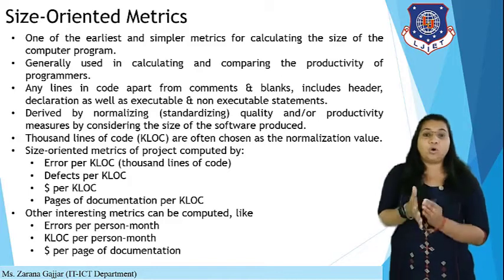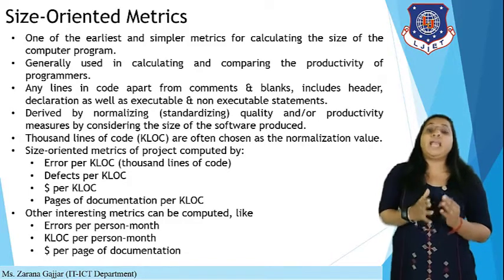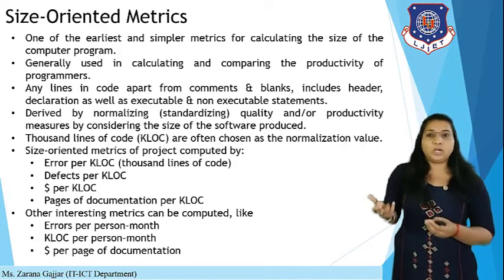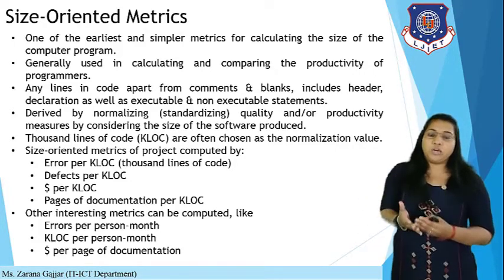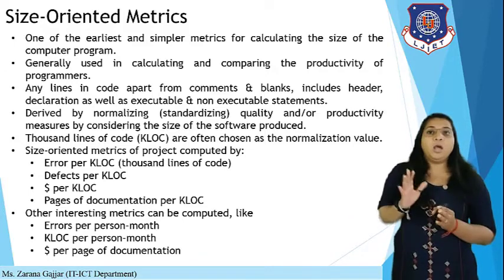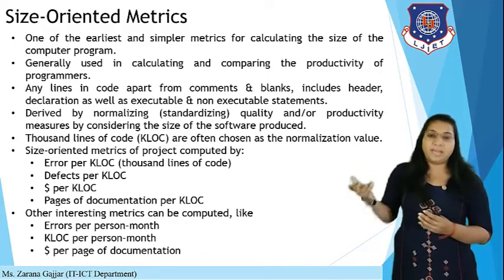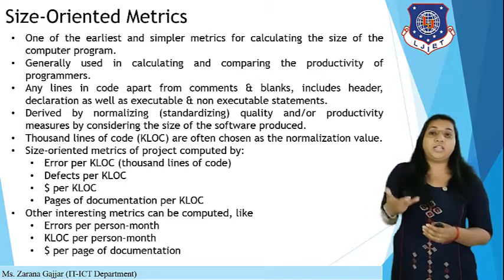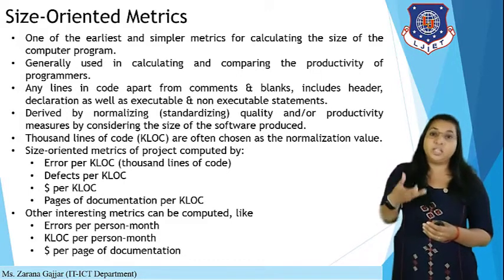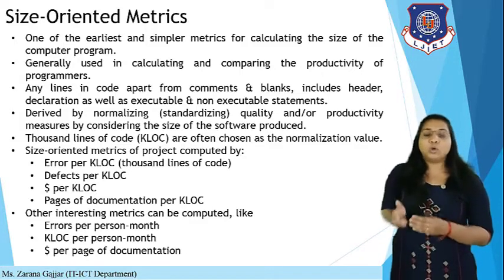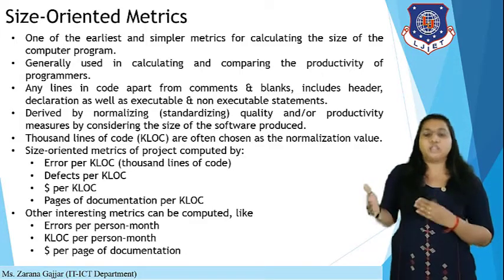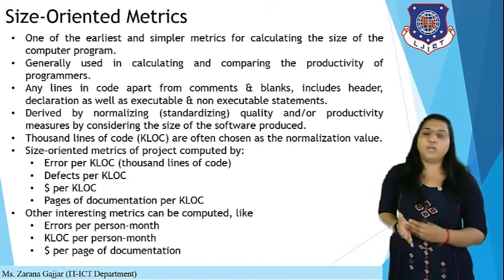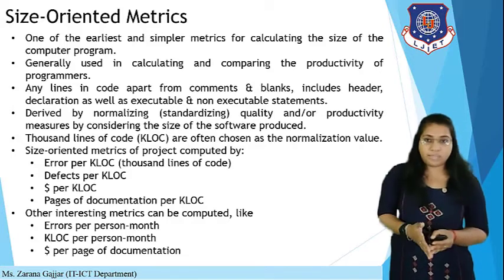The actual size of your product can be calculated with the help of size oriented metrics. It counts lines of code, apart from comments and blank lines, and also includes the header, declarations, as well as executable and non-executable statements. While calculating the actual size of your product, you can consider all these points for cost and effort estimation.